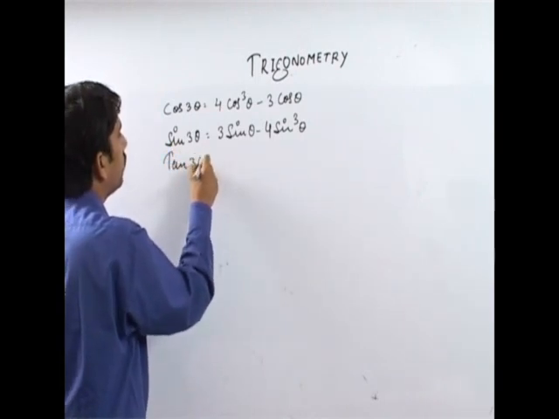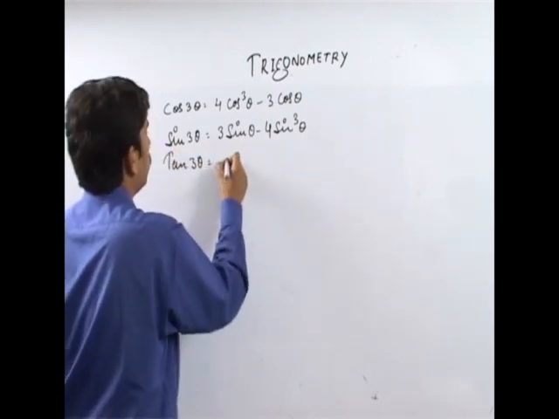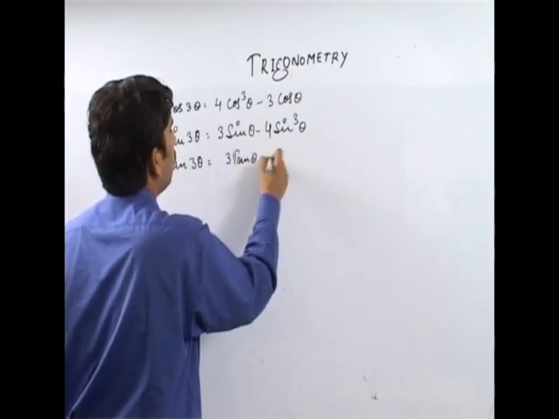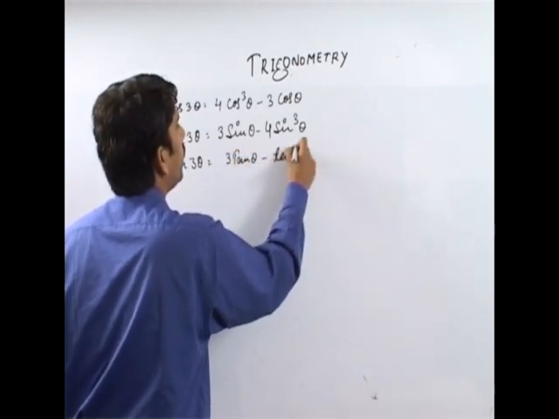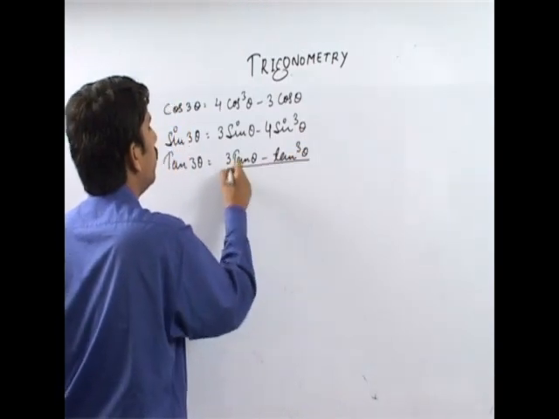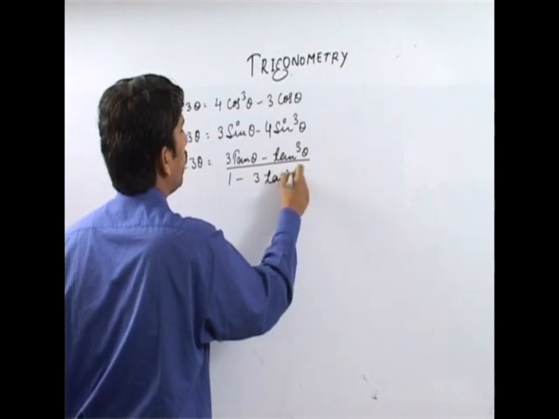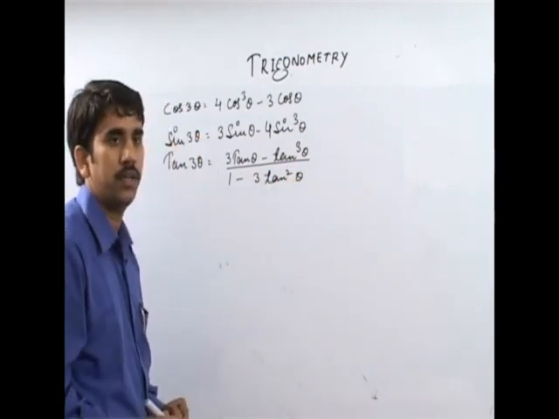Tan 3 theta is equal to 3 tan theta minus tan cube theta over 1 minus 3 tan square theta.